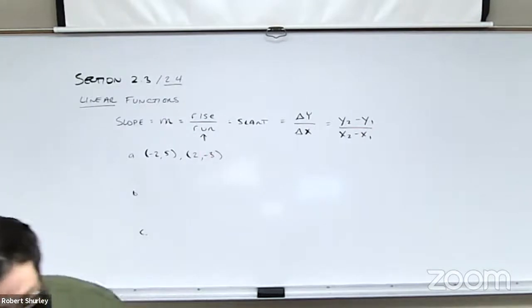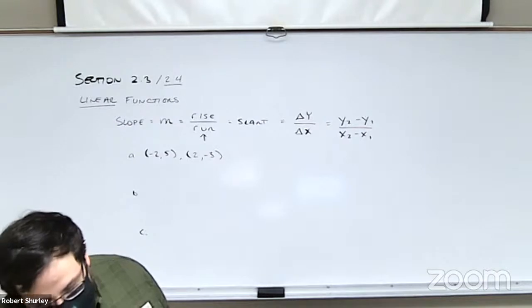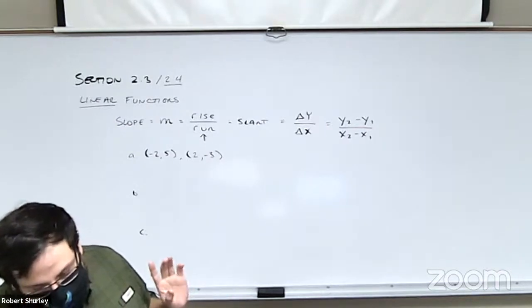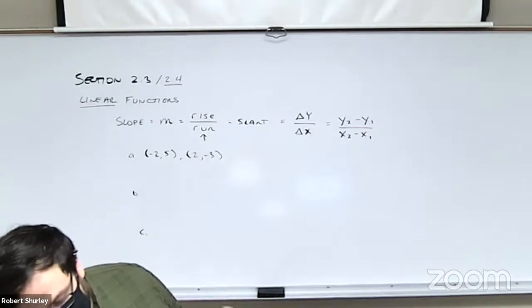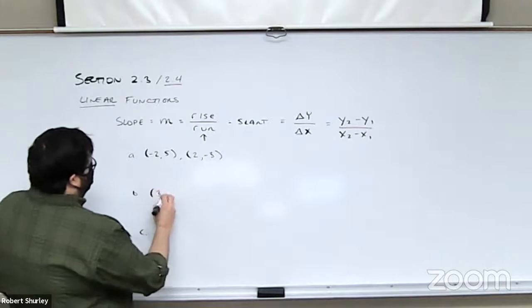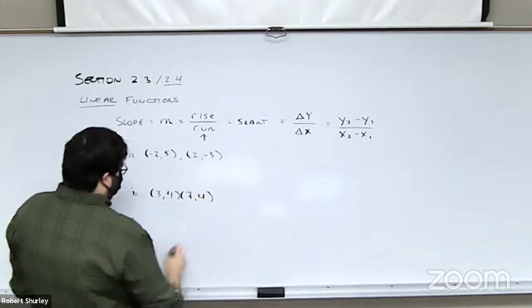This is how the book gives it actually. It says, find the slope of the line passing through each pair of points, or state that the slope is undefined. We'll get to one of those here in a minute. Then indicate whether the line rises, falls, or is horizontal or vertical. Okay, so let's look at another one. Let's say I had 3, 4, and 7, 4.